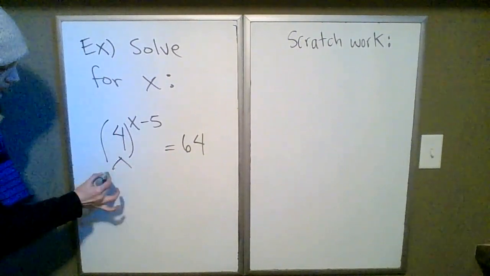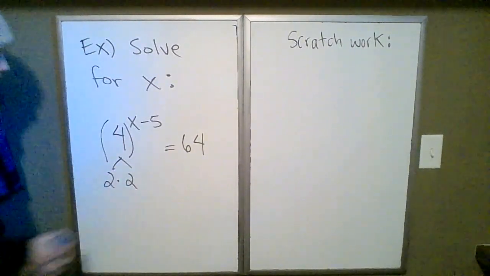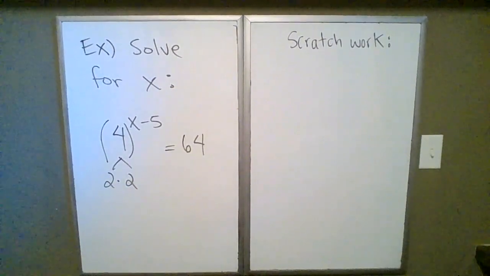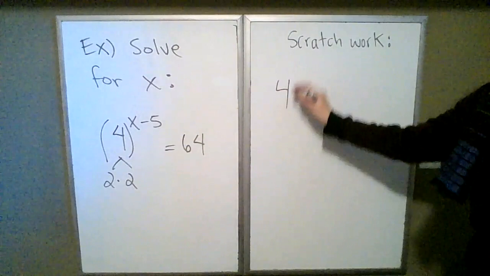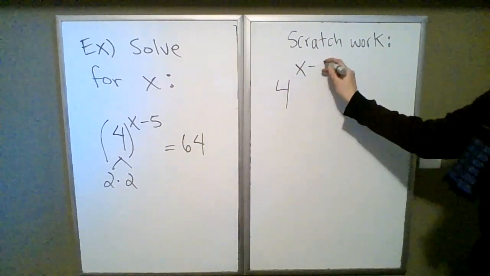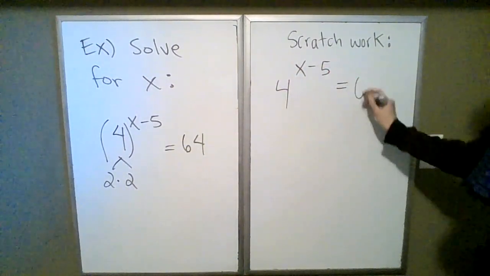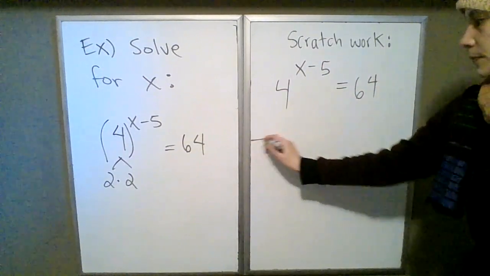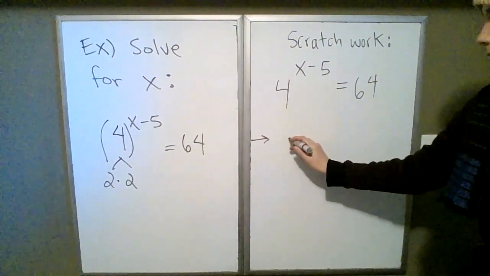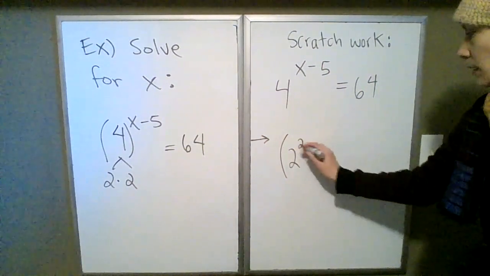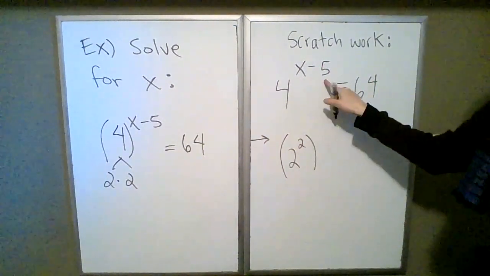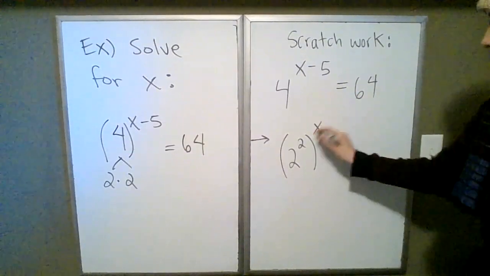So 4 is 2 times 2. So we're replacing 4 with 2 squared. And then you keep that power x minus 5.